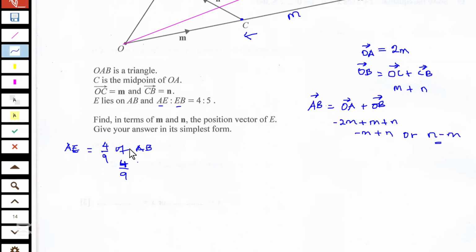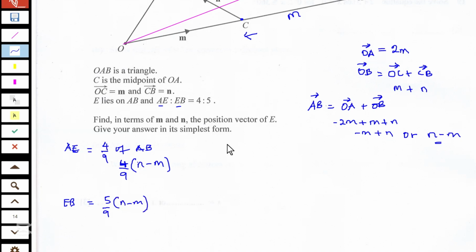So just multiply 4 over 9 by n minus m. And then for EB, which is going to be 5 over 9 of AB, 5 over 9 times n minus m.